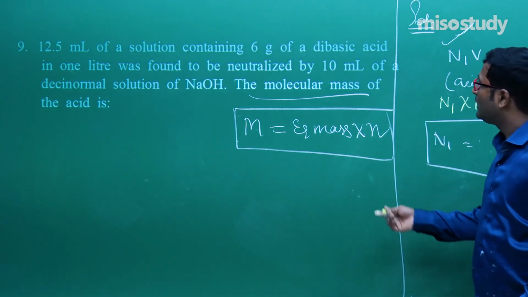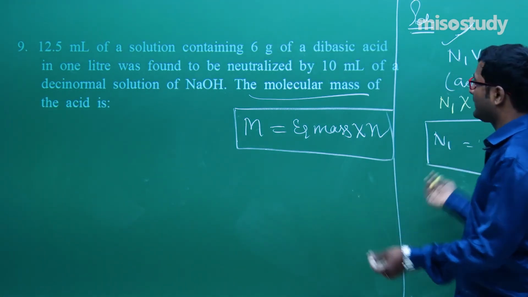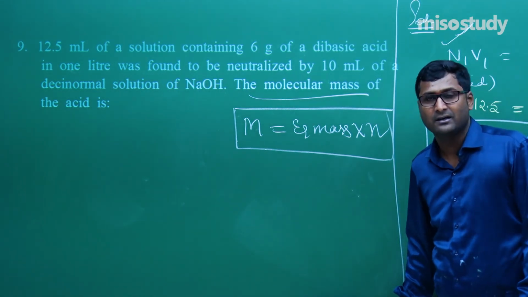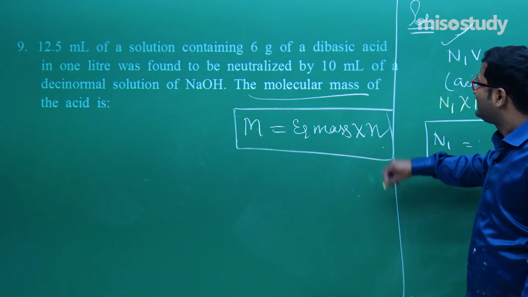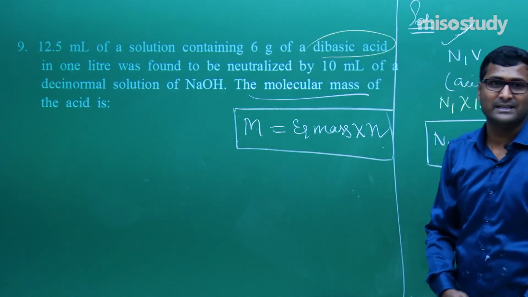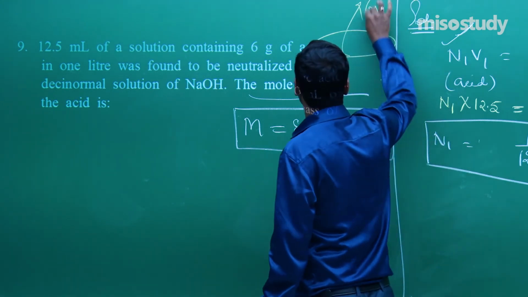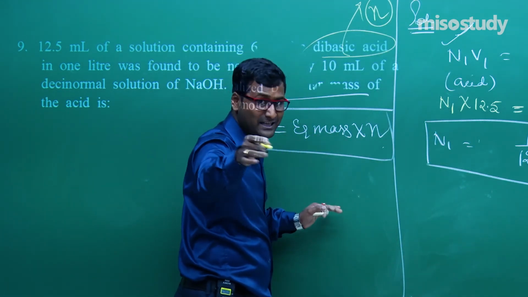So N is equal to 1 because it is given here. So molecular mass is equal to equivalent mass. Am I right? Sir, you are absolutely wrong. Here it is given dibasic acid, so for dibasic acid N is equal to 2. This is the basicity.